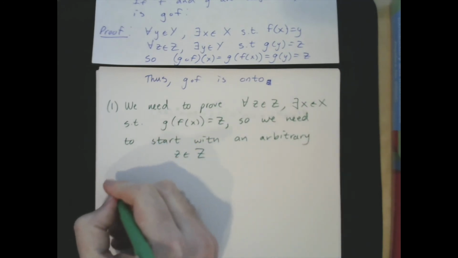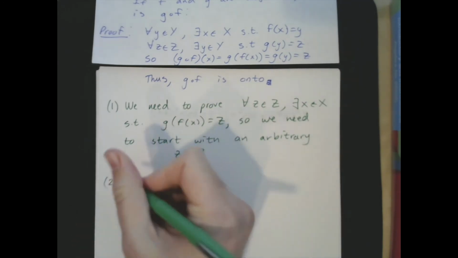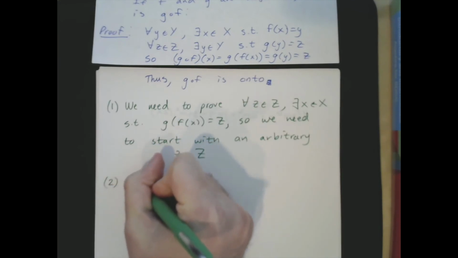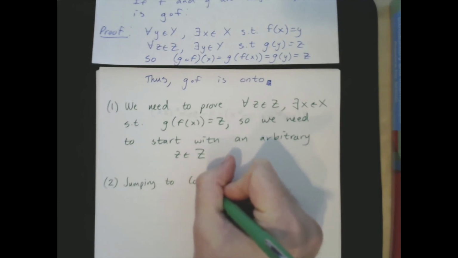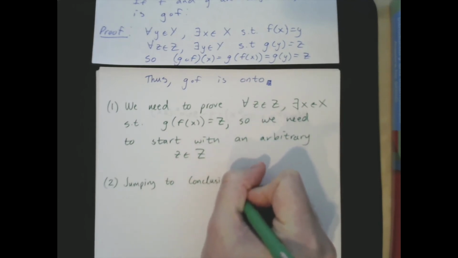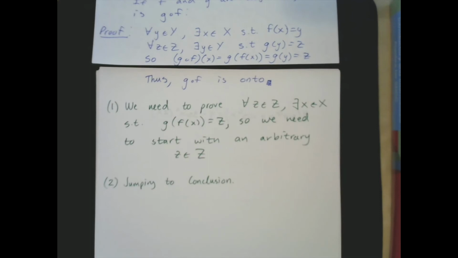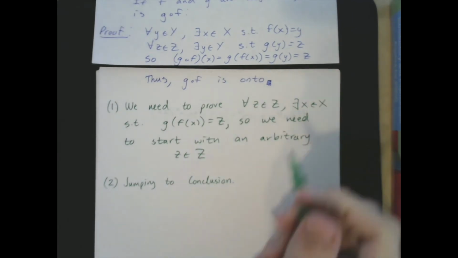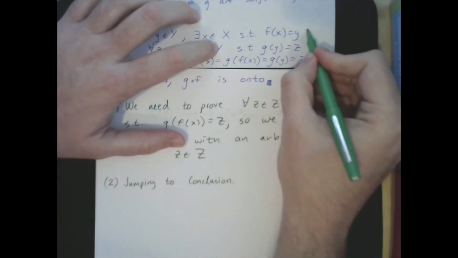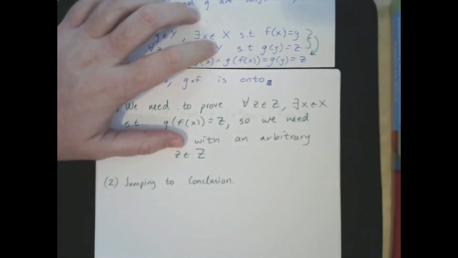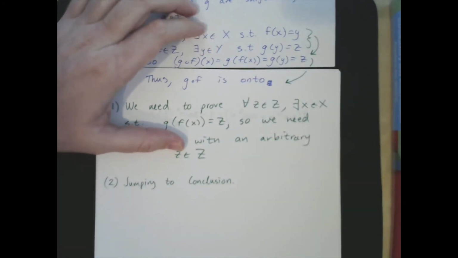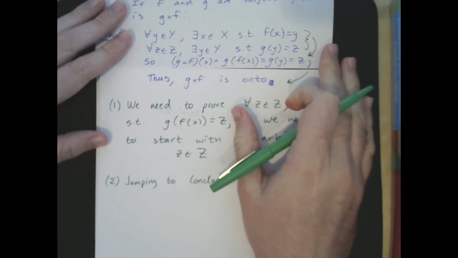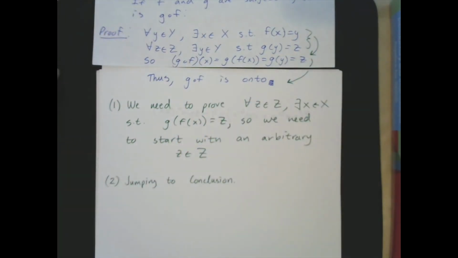The second and the bigger error here is a logical fallacy, and that is jumping to conclusion. There are actually two instances of jumping to conclusion. Going from these two lines to here is a jump, and going from this line to here is another jump. So let's talk about the first one and why that's jumping to conclusion.